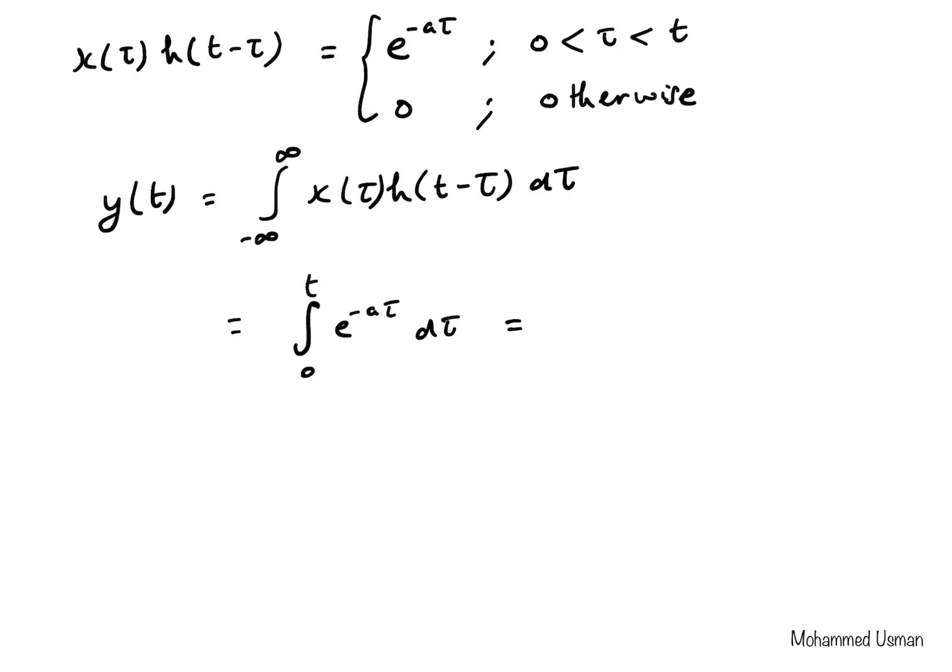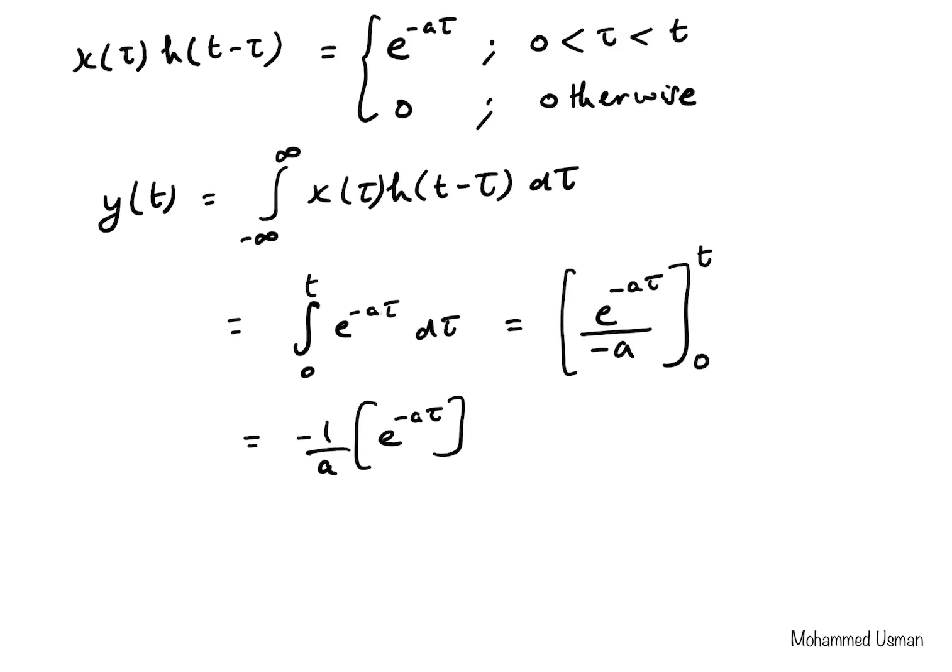The integral of e power minus a tau is e power minus a tau divided by minus a, and then we apply the limits of integration, 0 to t. So we can write that as minus 1 by a e power minus a tau in the range 0 to t.